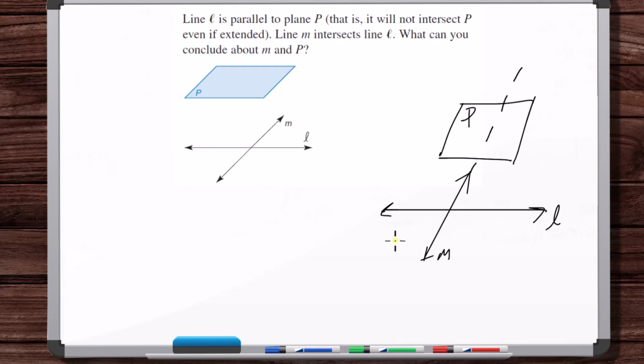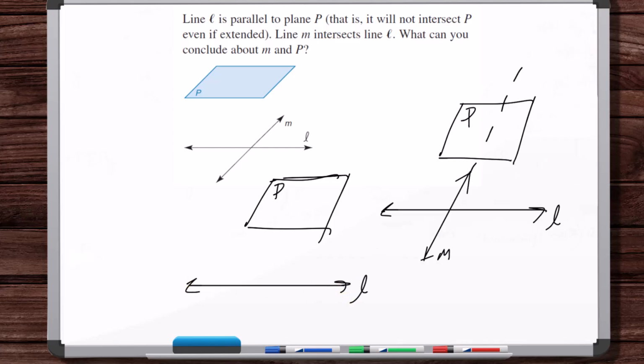Line L could be parallel to plane P, and you could have line M intersect line L, but still intersect plane P. Okay, but you could also have a case where you have plane P, you have line L, and line M intersects line L, but it's also parallel to plane P. So we can't conclude anything about M and P.